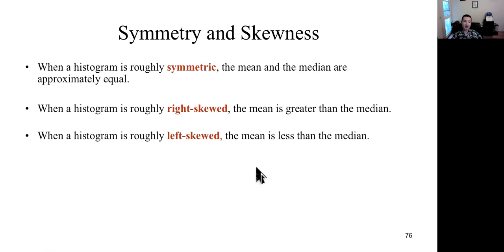If the histogram is left skewed, then the mean value will be less than the median. Again, the mean value is defined as the average of the sample items. You add all the sample item values together and divide by the sample size. The median is the 50th percentile, the value in the middle.